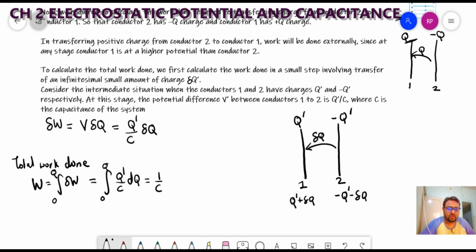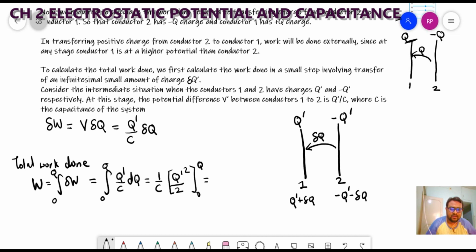Let me write down the formula for x raised to n. The integration of x raised to n dx is equal to x raised to n plus 1 upon n plus 1. Here the power of q dash is 1, so it will be q dash raised to 1 plus 1, that is q dash square upon 2. So the integration of q dash dq will be equal to q dash square upon 2, from 0 to q.